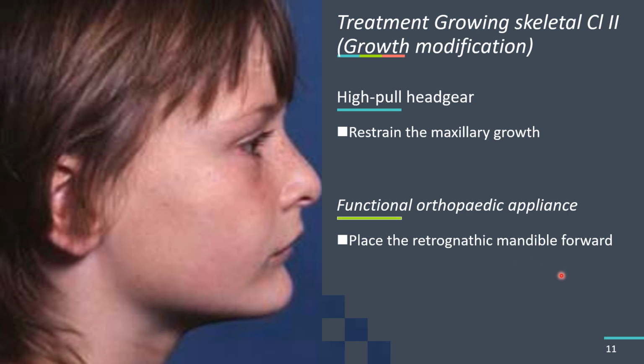That means the skeletal class 2 in this case is due to either mandibular retrognathism or mandibular deficiency, and the functional appliance puts the retrognathic mandible in a forward position to modify the growth of the mandible forward to correct the skeletal class 2 cases in growing patients.